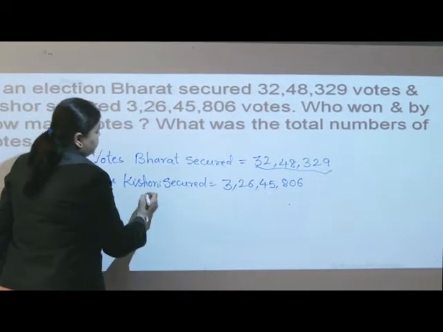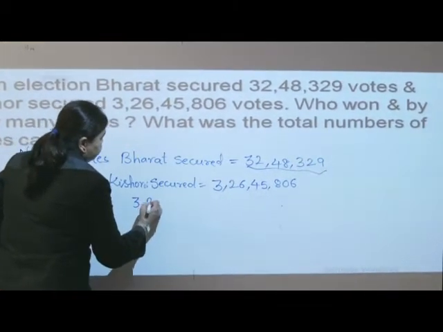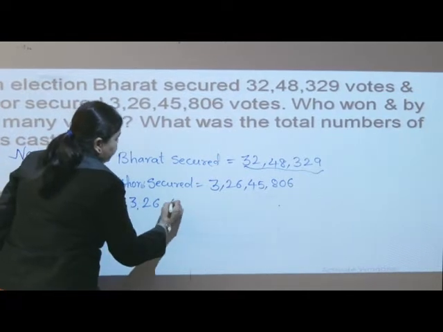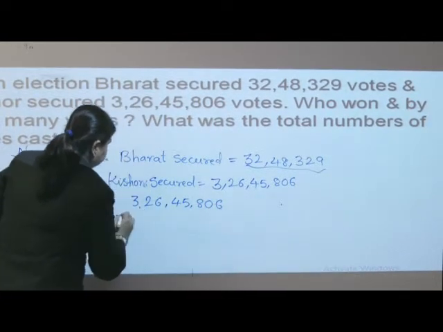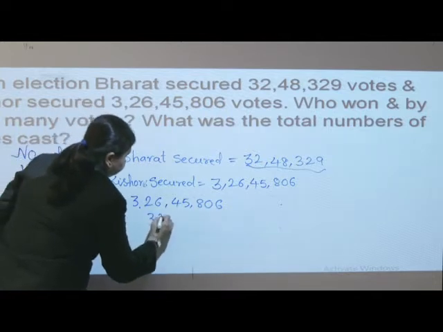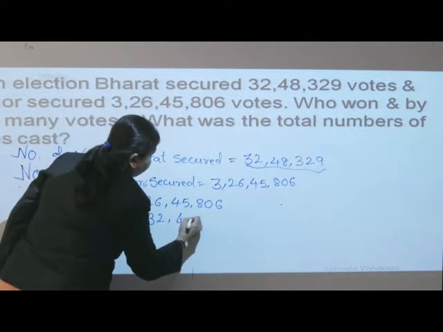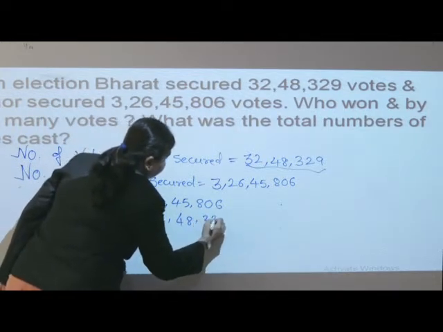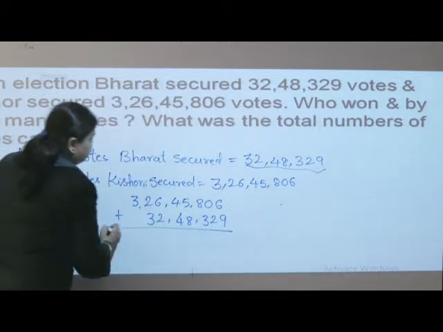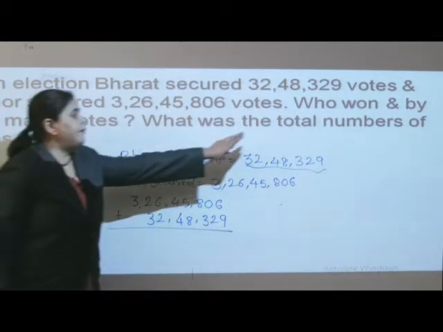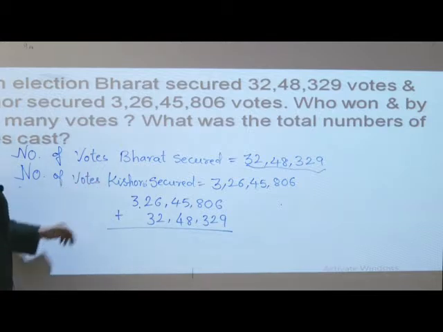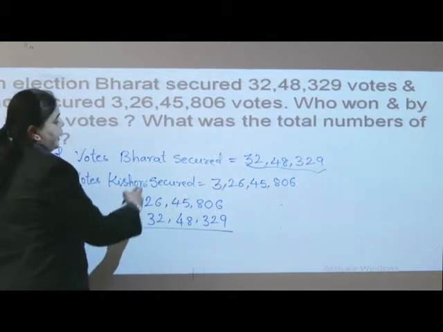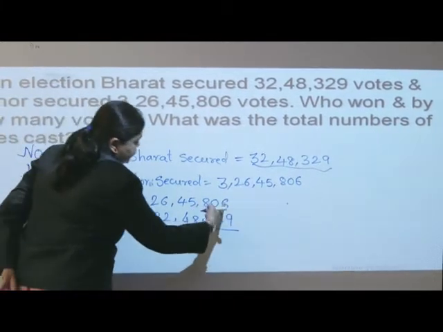You can take Kishore's number of votes, 3 crores 26 lakhs 45,806 plus 32 lakhs 48,329. The word total means we have to add both the votes they secured in the election.